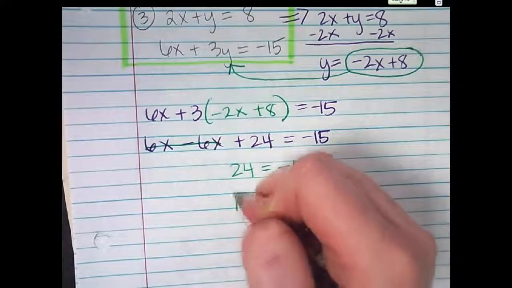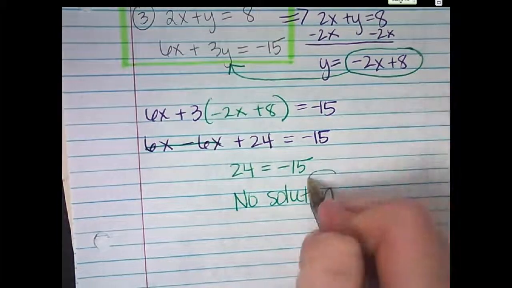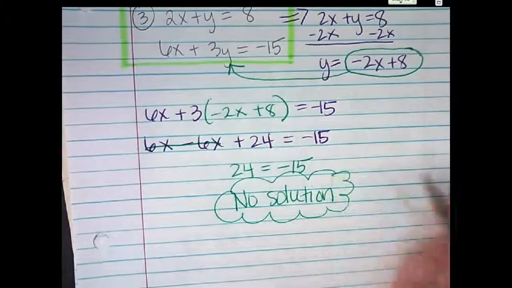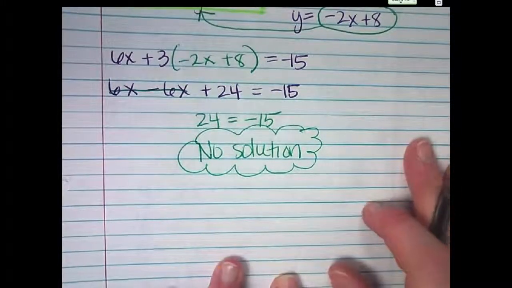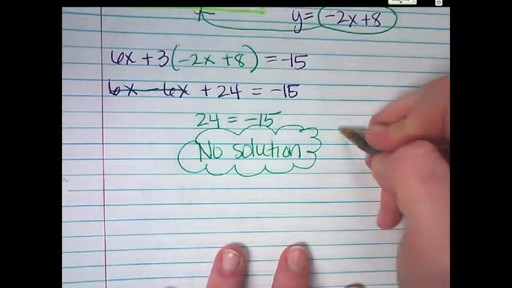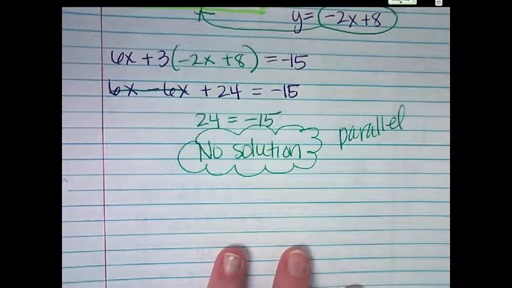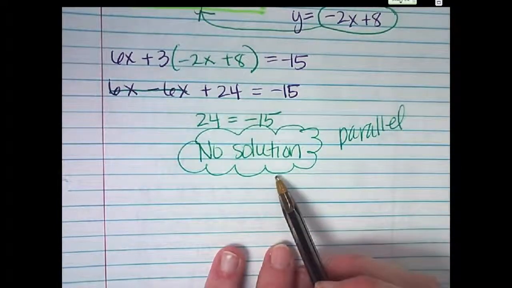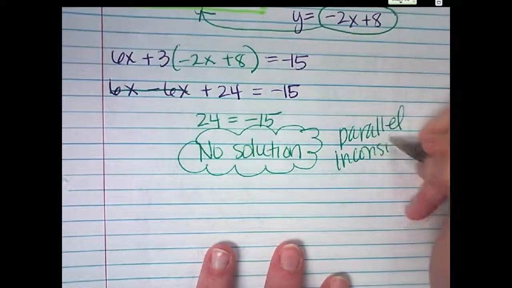No solution. What kind of lines would those be? Parallel. Good, I hear it. Parallel lines, remember, they never ever touch, so there's no solution. Do you remember what it's called? Inconsistent. Good.